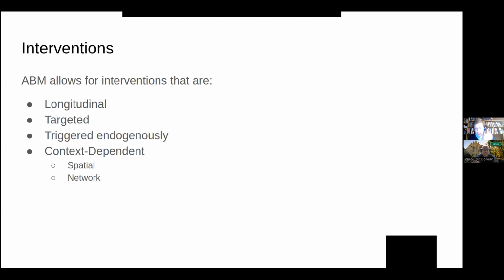They can be triggered endogenously, based on conditions in the model, at any number of different levels of the model, and can be context dependent. Again, focus on addressing, for example, food deserts where they exist, or intervening in a network, building up network connections between people, as some of Alan Shields and Penny Hawes' early work pointed to. In fact, many interventions focus on changing networks.